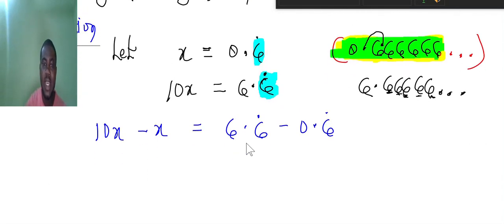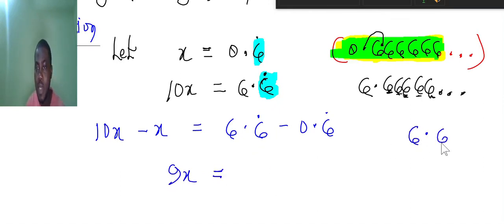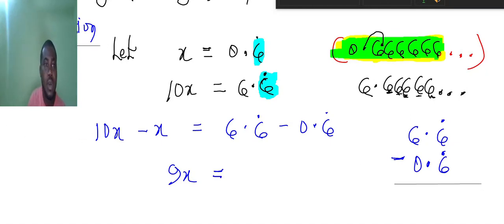The recurring digit must eventually disappear. Let's look at the result. 6 dot minus 6 dot, that's 0. 6 minus 0, that's 6. 6.0 is the same thing as 6. So you have 9x equals 6.